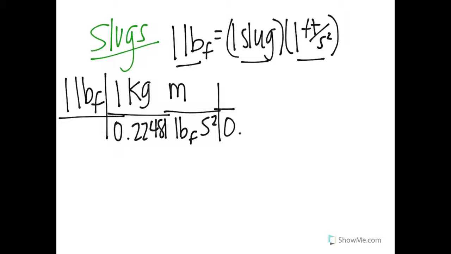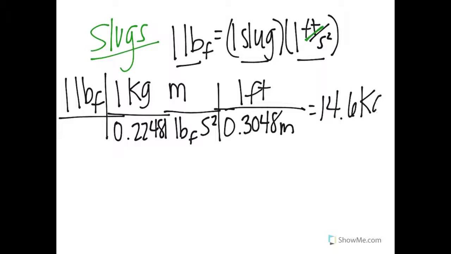And now again, I'm going to change this meters to feet to match our feet right there. So this is a meter, and that is in 1 foot, and that's 14.6 kilograms. Oh, just kidding, that is not equal to 1 slug. I'm getting ahead of myself. 14.6 kilograms, that's 1 foot per second.